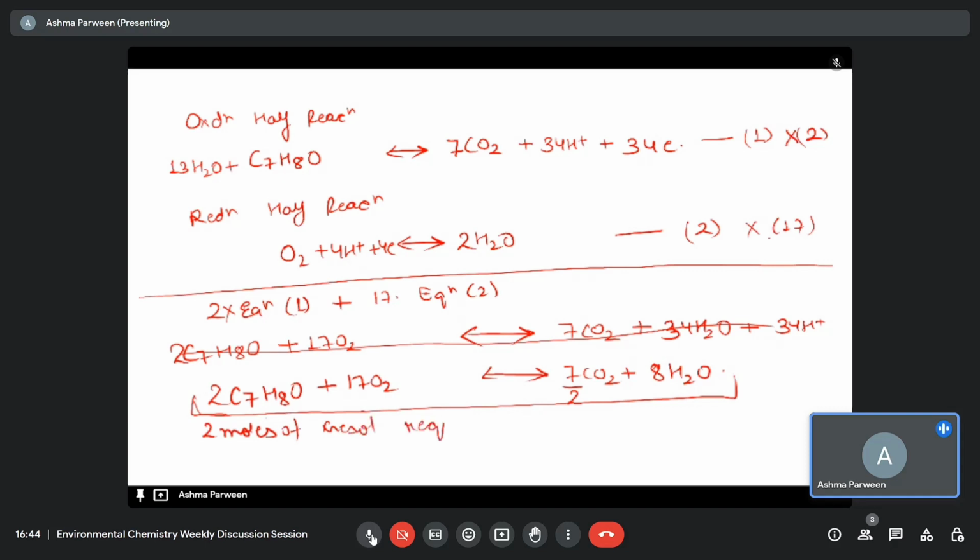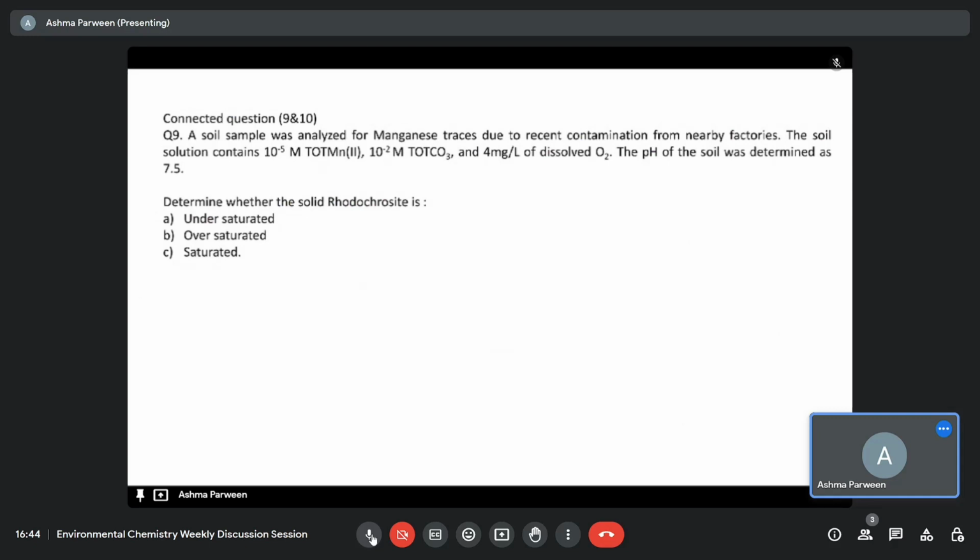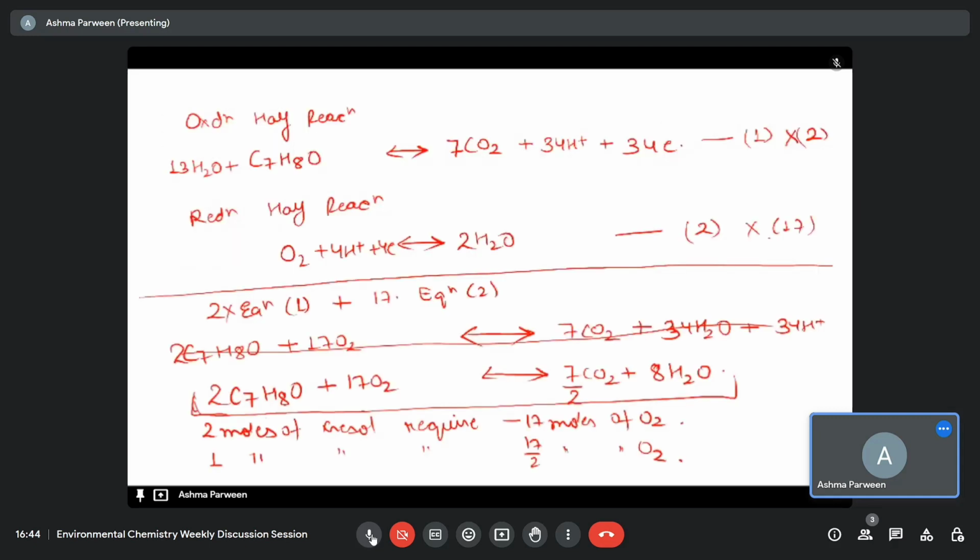So 2 moles require 17 moles of O2. Let's first write for 1 mole of cresol, which will require 17 by 2 moles of oxygen. And also in 1 mole of cresol there are 7 moles of carbon.